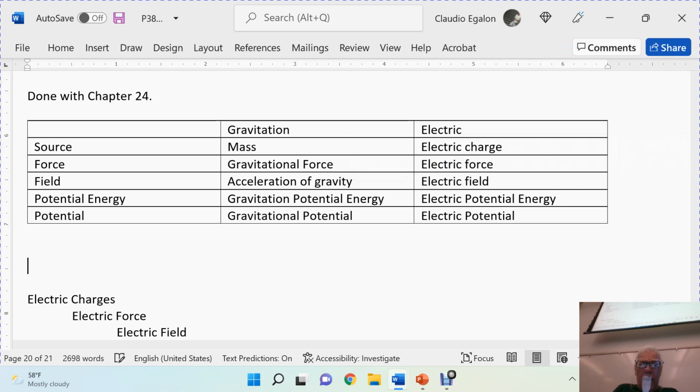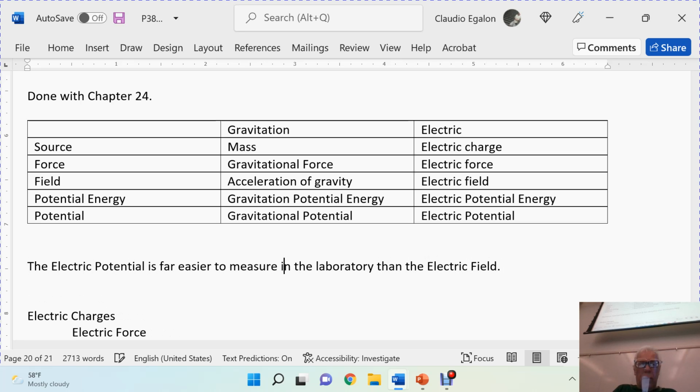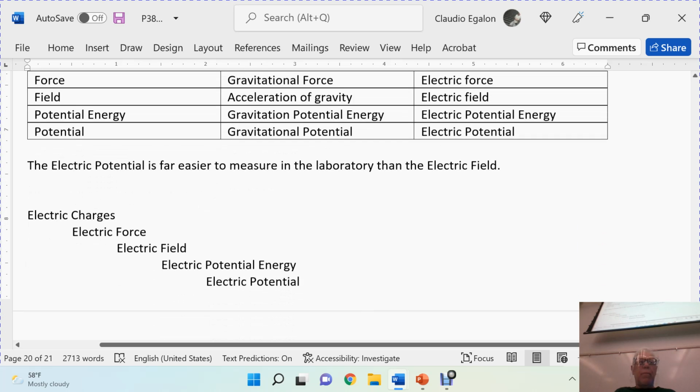Okay? So let's write it down. The electric potential is far easier to measure in the laboratory than the electric field. And that's the progression.